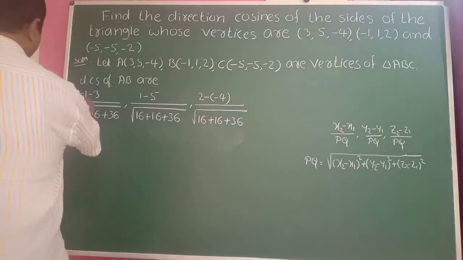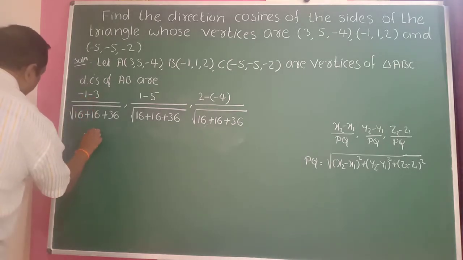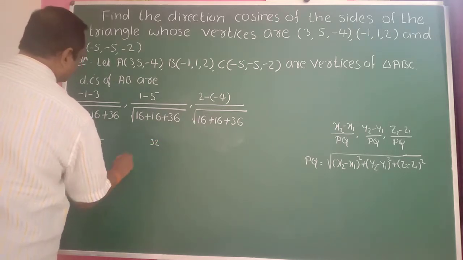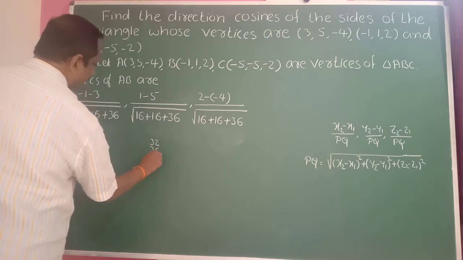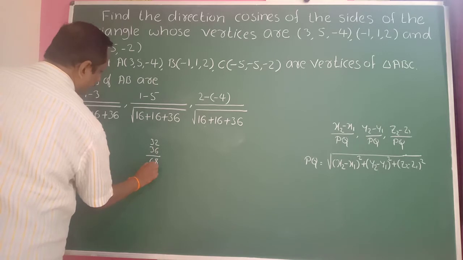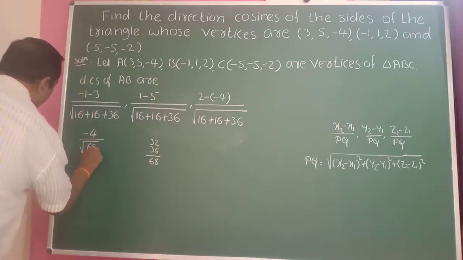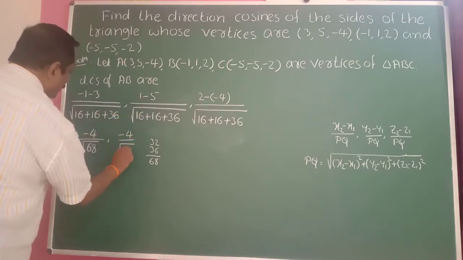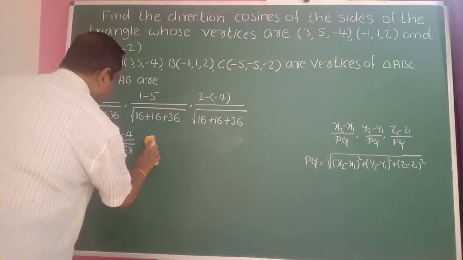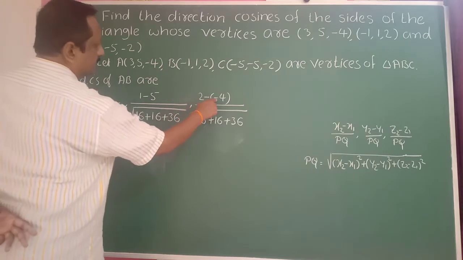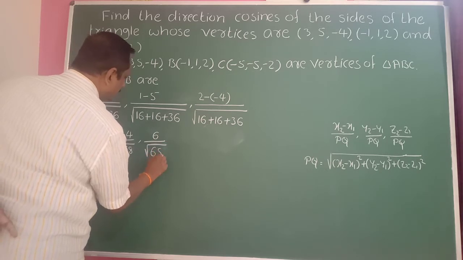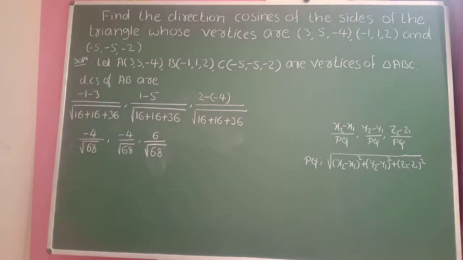Here 16 plus 16 is 32, plus 36 is 68. So -1 minus 3 is -4 divided by root 68, 1 minus 5 is -4 divided by root 68, and 2 plus 4 is 6 divided by root 68.